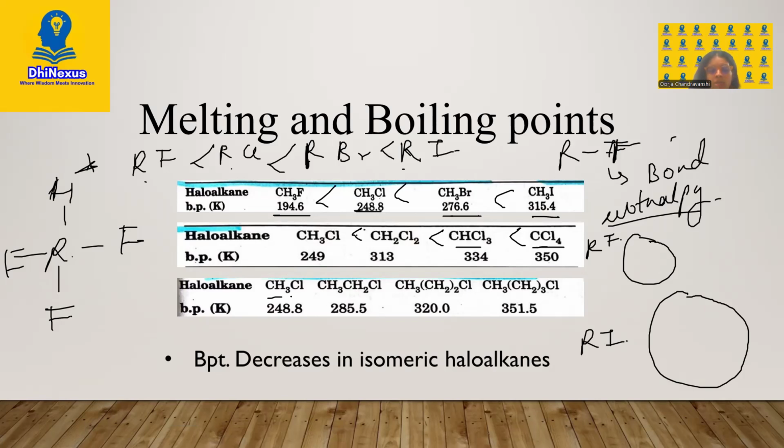If I keep on increasing my alkyl chain, then also the boiling point would keep on increasing, as the molecular weight of the alkyl group is also contributing to the boiling point.